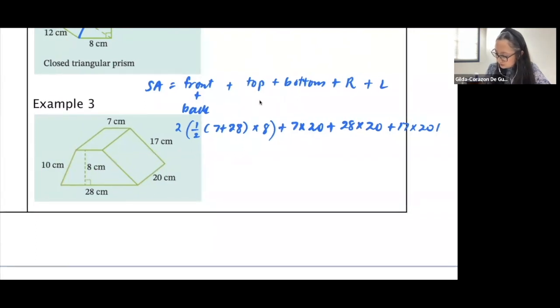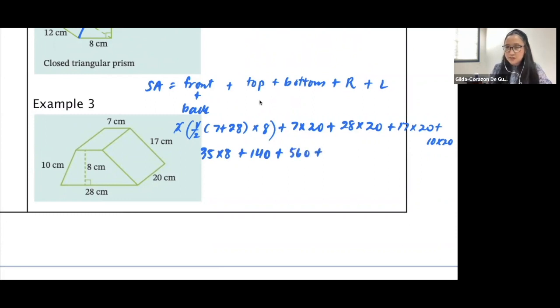Okay, so now we can cancel the half and the times by 2. We've got 7 and 28, we have 35 times 8. What's 7 times 20? It's 140. We've got 28 times 20. 28 times 2 is what? 56, times 10, 560.